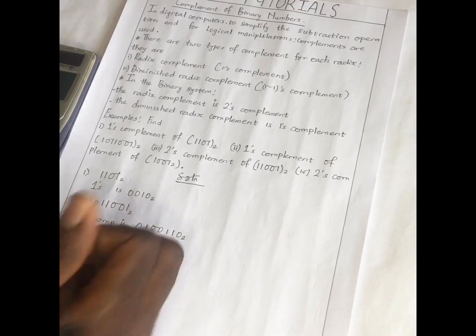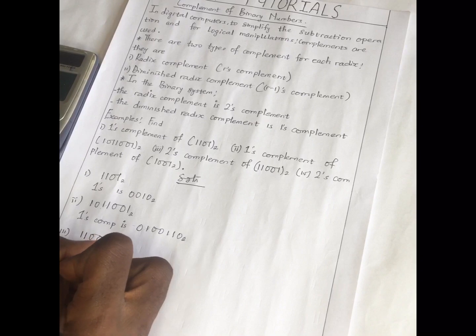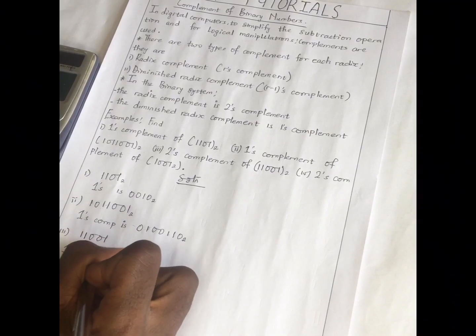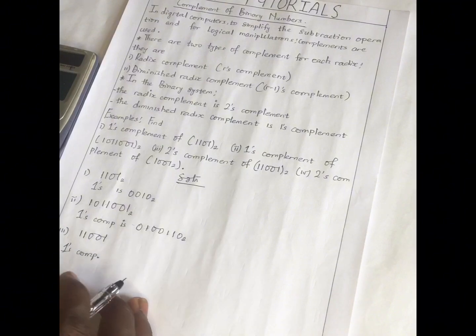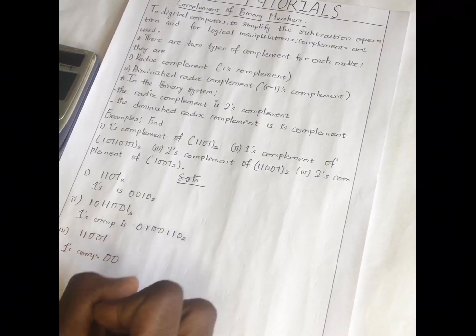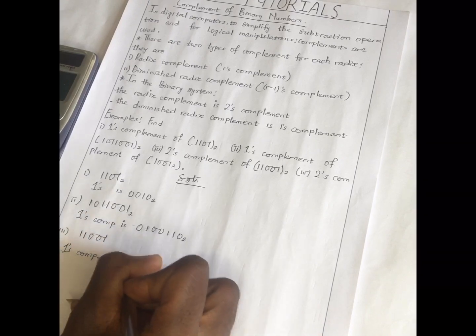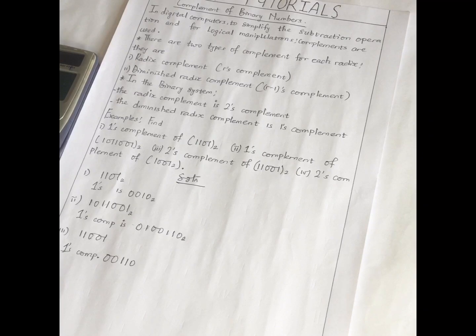So we have 11001. Let's find the 1's complement of this number. Wherever you have 1, you put 0. So 1 1 becomes 0 0, 0 0 becomes 1 1, and the last 1 becomes 0. Since we've found the 1's complement, all we need to do now is add 1.